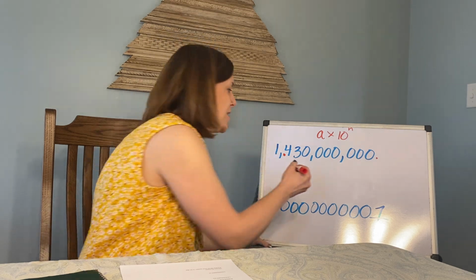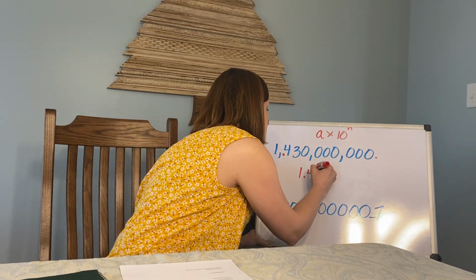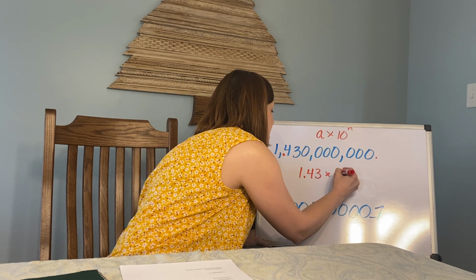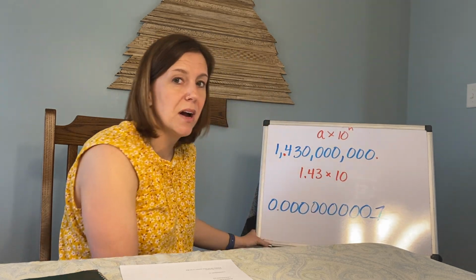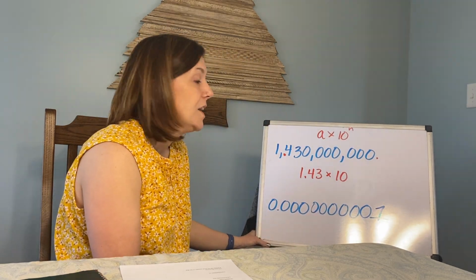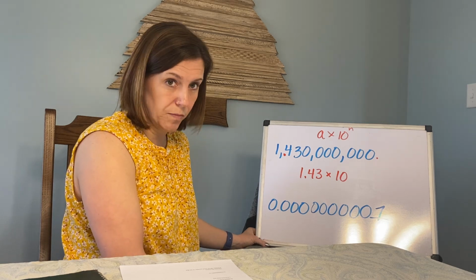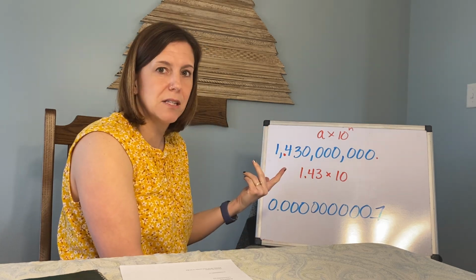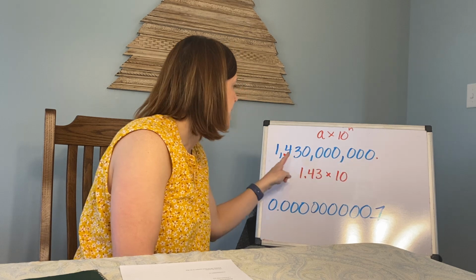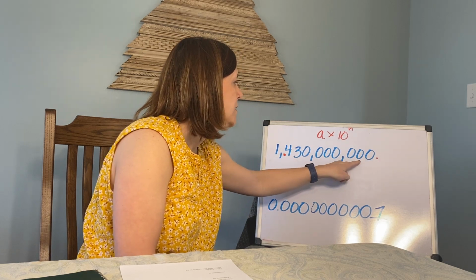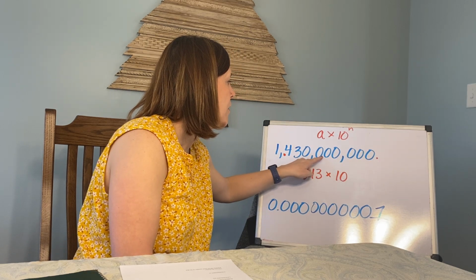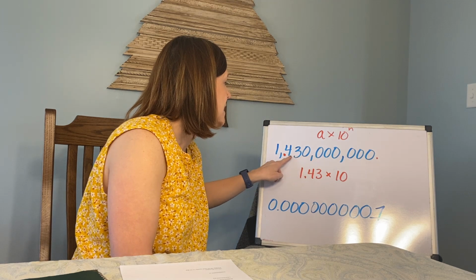So I know my first number that I'm going to actually write is 1.43. And I'm going to be multiplying that by a power of 10. My question, though, is how many places did I move that decimal? So if I was here and I'm moving it here, 1, 2, 3, 4, 5, 6, 7, 8, 9.